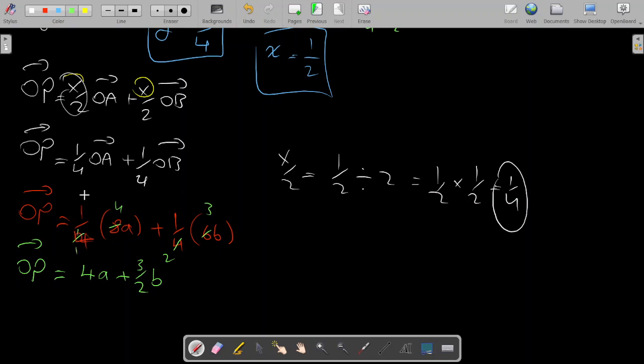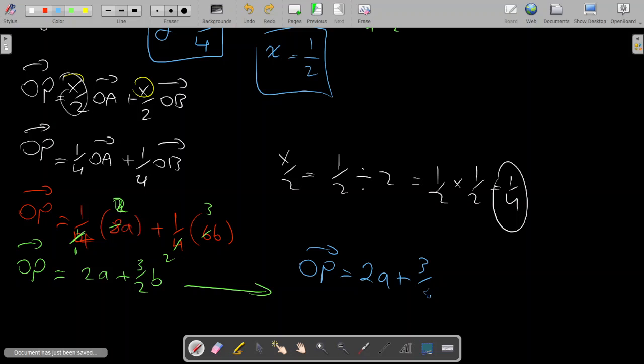So when you cancel 4 with the 8, it's going to be 2, it's not going to be 4. So this point here is going to be actually 2a. So this is representing my solution, the OP vector, which, as the question asked, was written in terms of a and b. So the OP vector is going to be equal to 2a plus 3 over 2b.